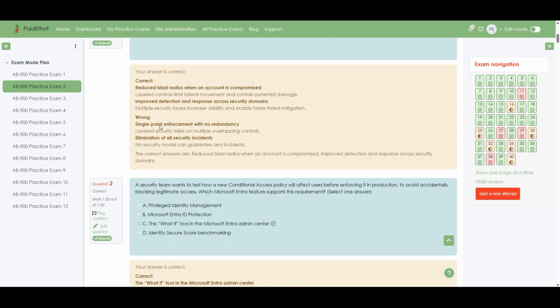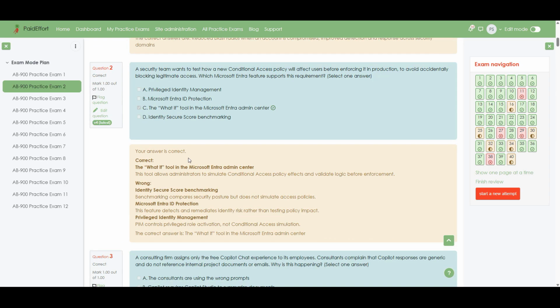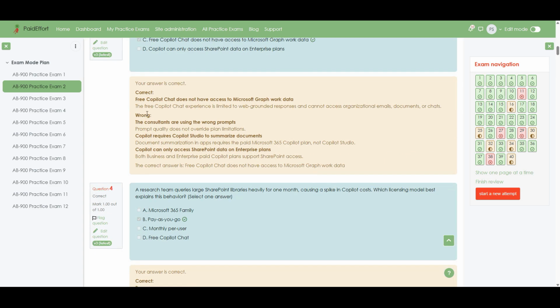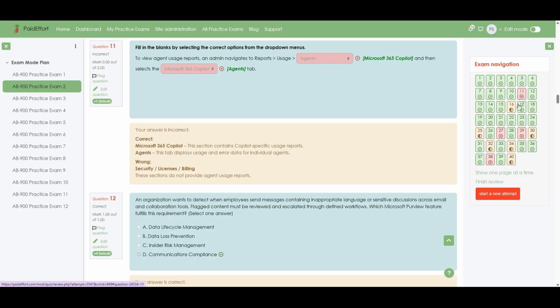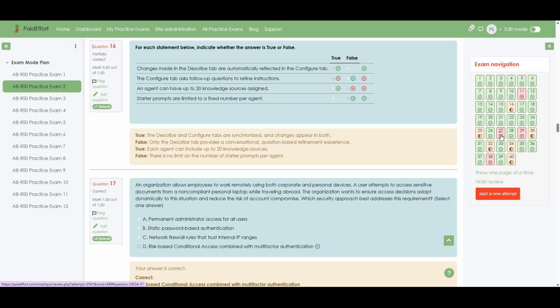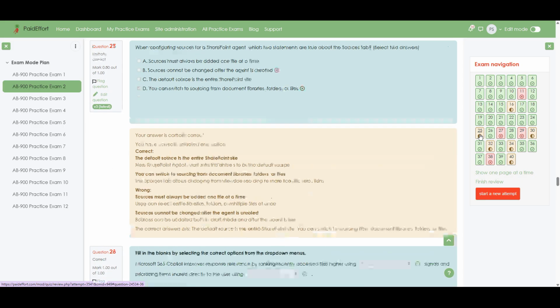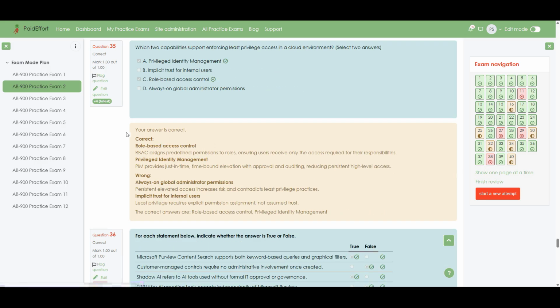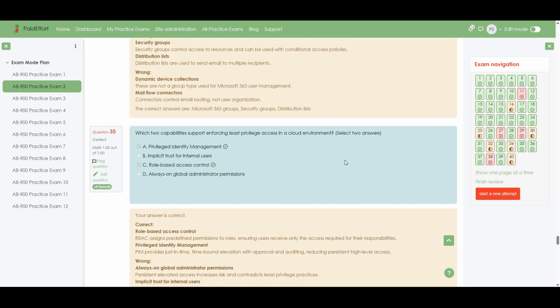You have the chance to review all the correct answers, what you got wrong and what you got right. You can also click on a particular question to go straight to where you got it wrong. This one shows partial, meaning you got it partially. This one is wrong, and this one you got correct. So yeah, it's quite a good site to prepare for the exam.